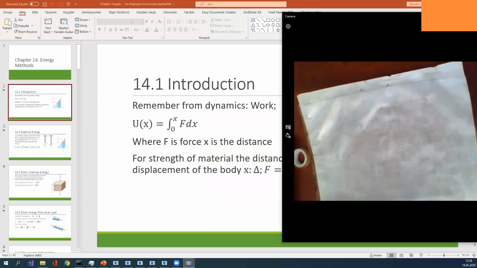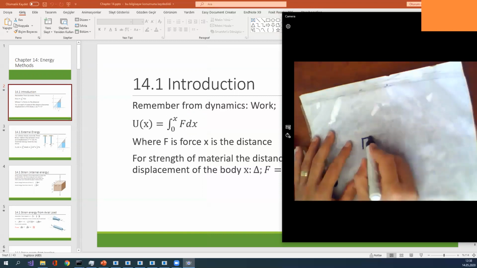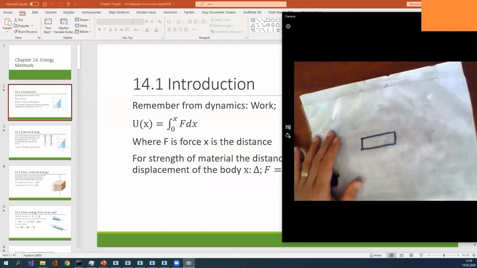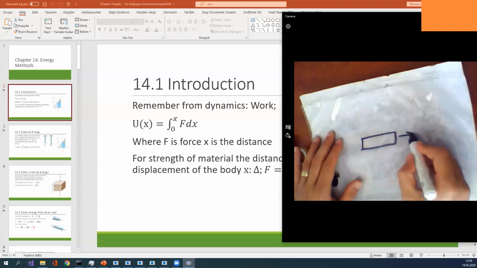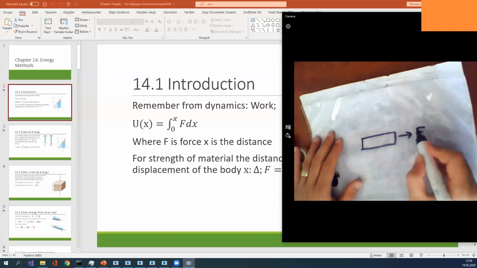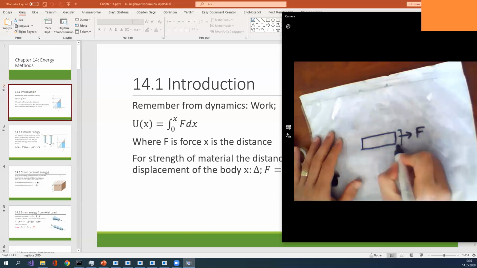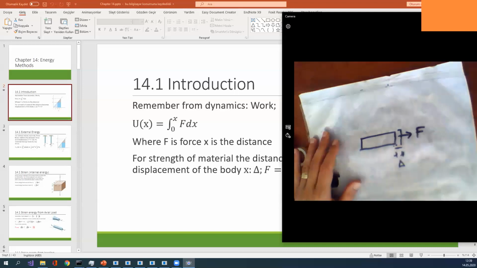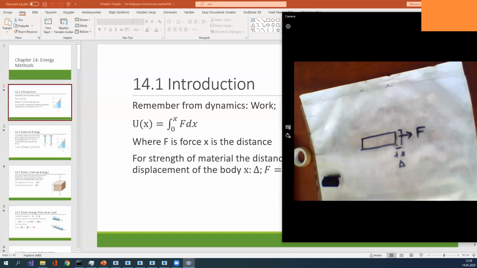For example, we have some kind of bar like this, and we apply a force F. After applying the force, we have a displacement like delta. Delta is related to F, therefore when F changes, delta changes.